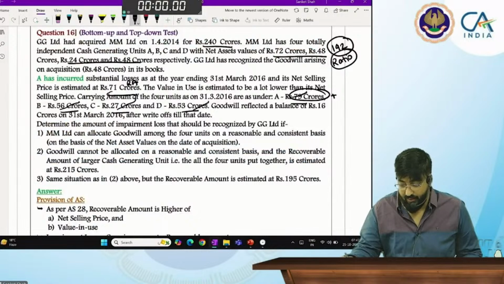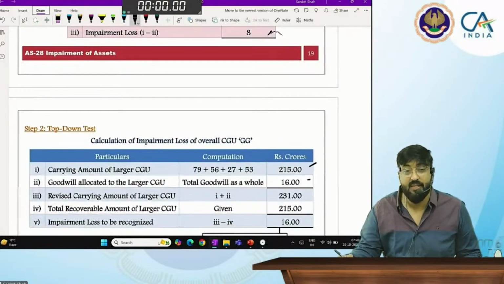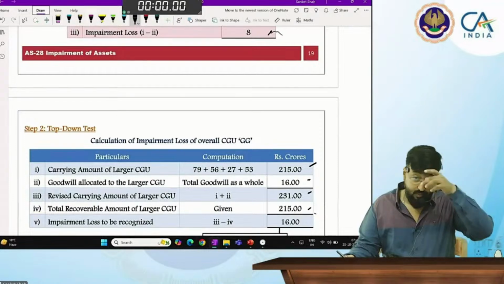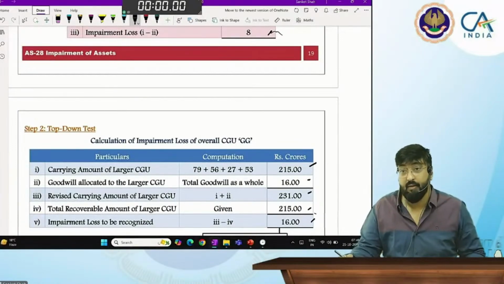Arey, we will take goodwill separately, beta. Goodwill is 16. Yes, correct, sir. 231, yes sir, and the total recoverable amount is 215. 16, yes sir. Correct.